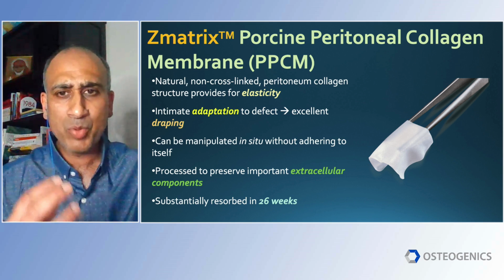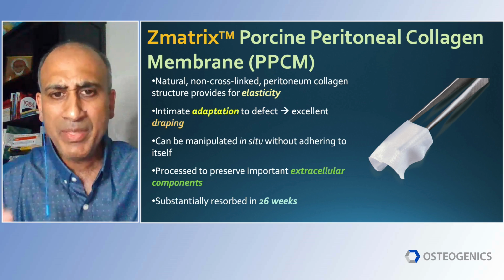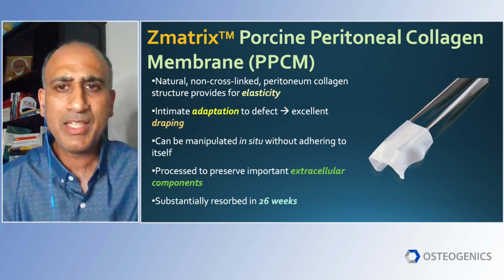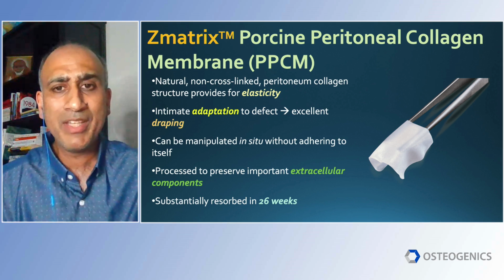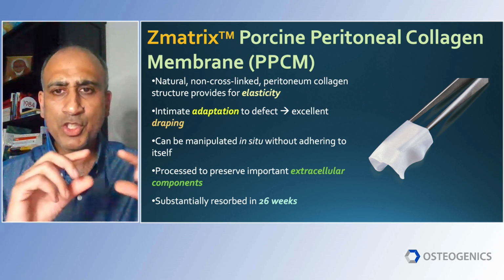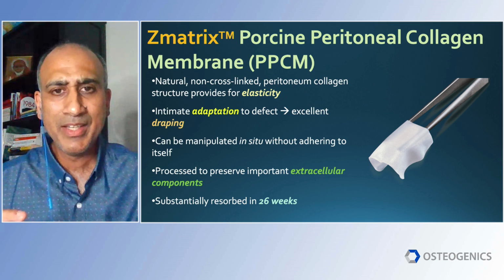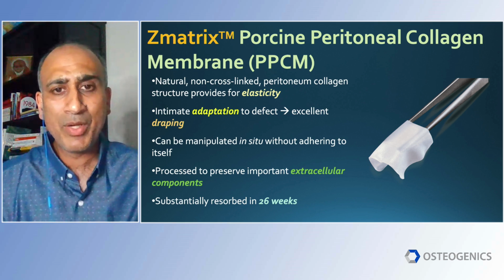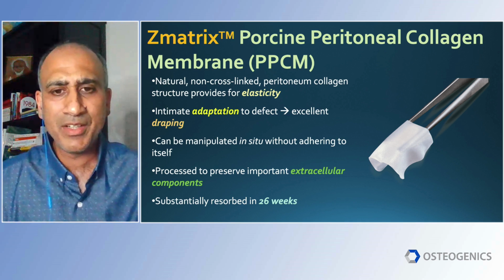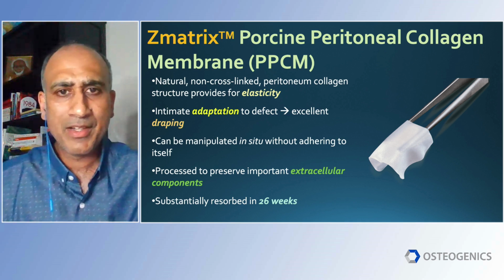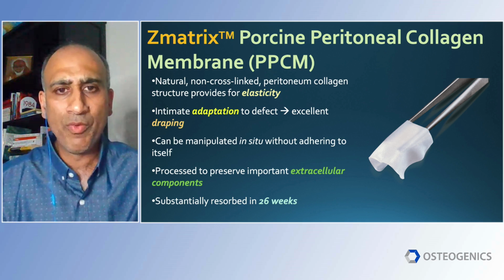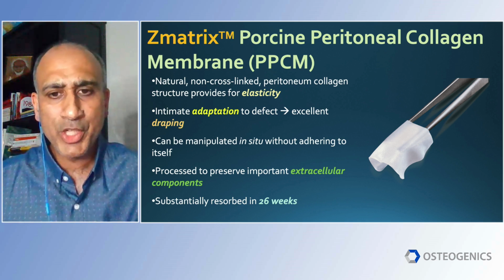And this property of being non-cross-linked as well as coming from the peritoneum gives it this unique elastic property. So even if you were to use tacks, you could stretch out that membrane very, very nicely. As I mentioned, I don't really use tacks or stabilizing sutures for this particular membrane, but I certainly see the elasticity of it. There's no question that it is one of the best membranes to intimately adapt and drape over the area that you're trying to regenerate.